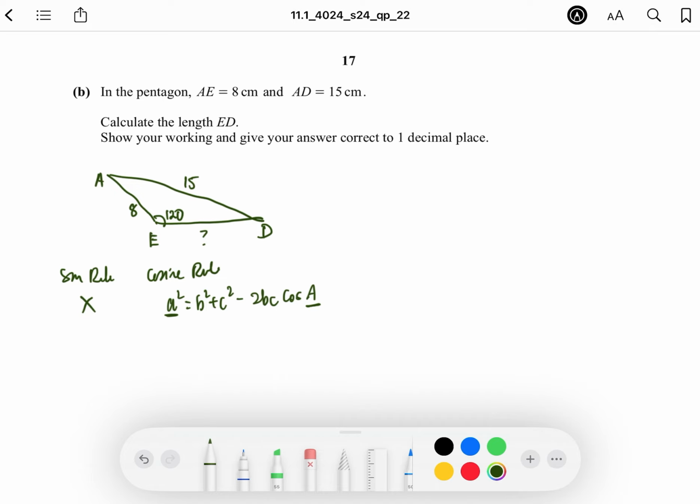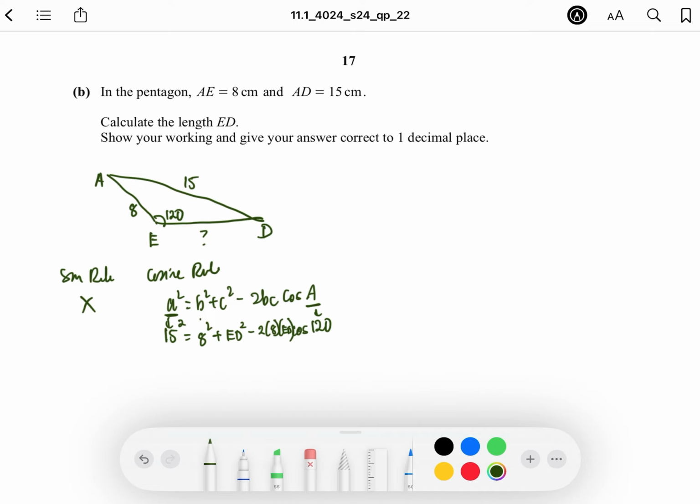So in this case, A here would be 15 squared, and this would be cosine of 120. B could be 8 squared plus C is ED, the one that we need to find, minus 2 times B, which is 8, times ED times cos of 120.